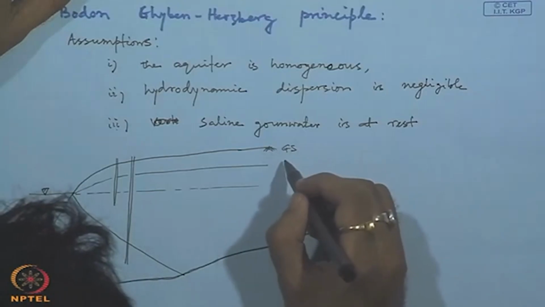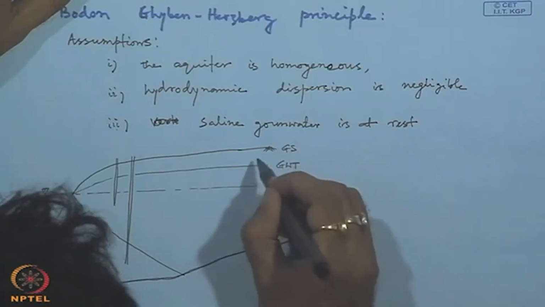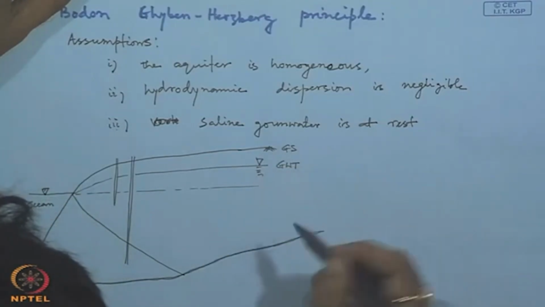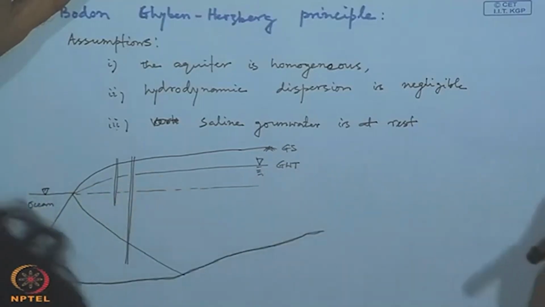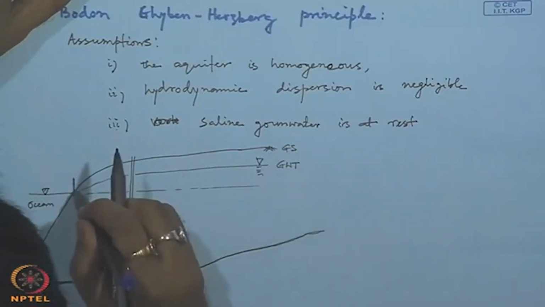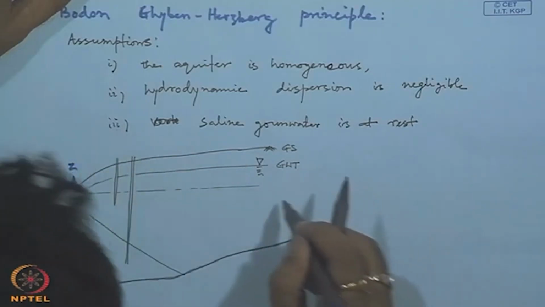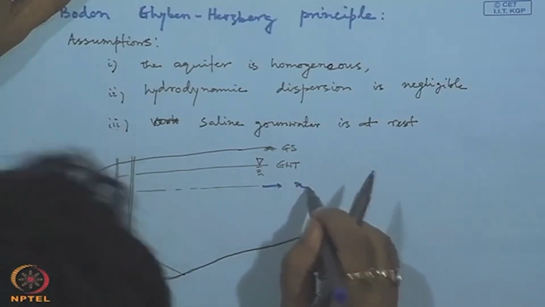This is ground surface, this is groundwater table, and at this particular location we have our z axis, this is our x axis.